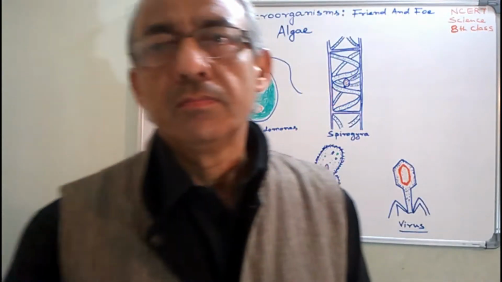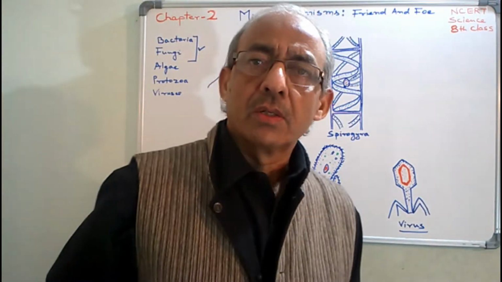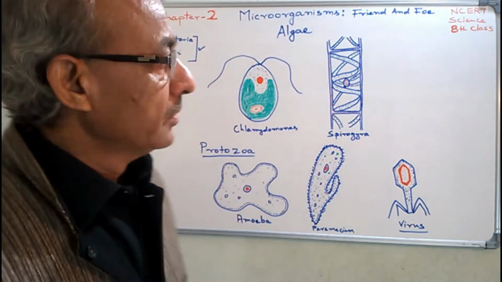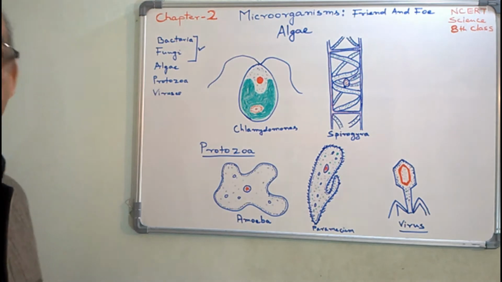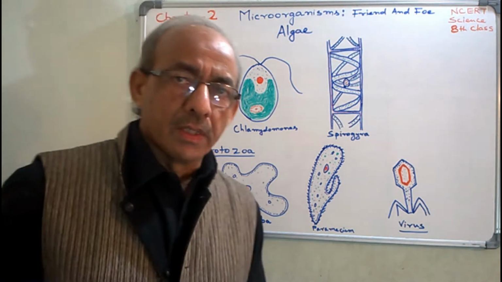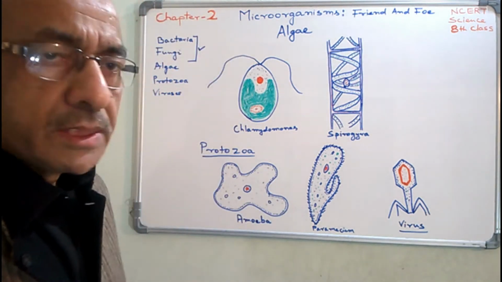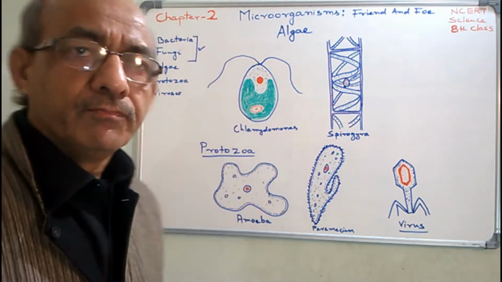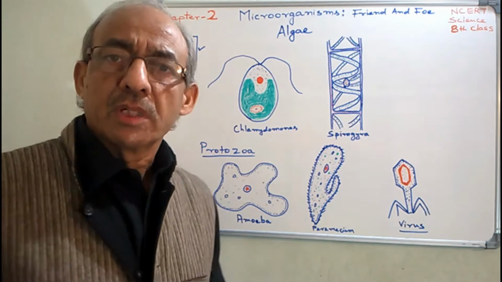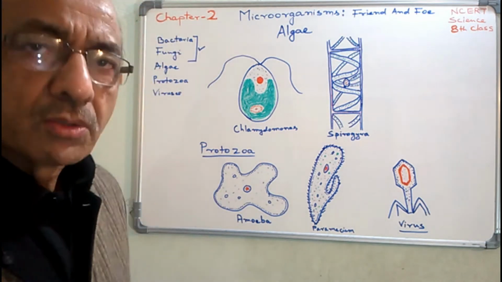In this session, we are going to study algae, protozoa and viruses. Under your NCERT science book, chapter 2, this chapter pertains to microorganisms.